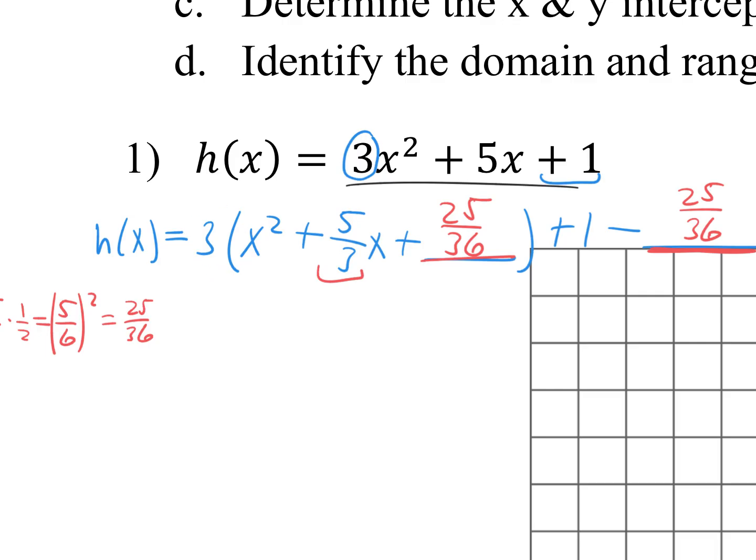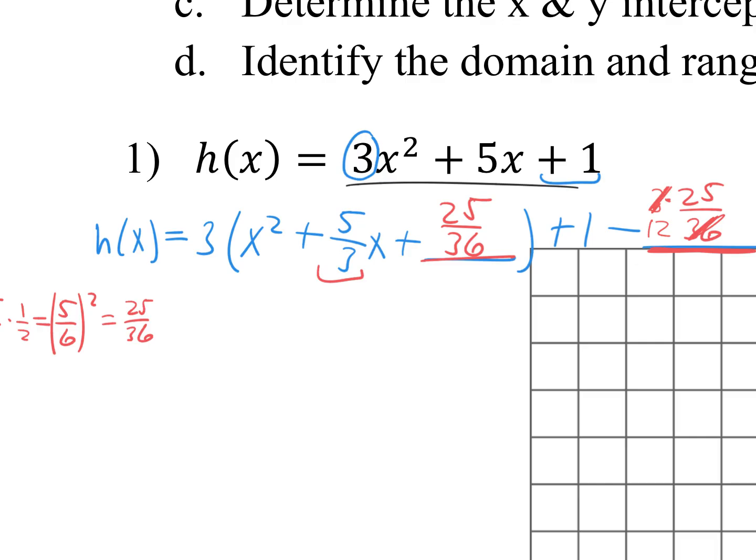So that means whatever goes here, it's not just going to be that number, it's going to be this 3 in front of it as well. I need to multiply by 3 here as well. So 3 times 25 over 36, and then you can simplify that. 3 and 36 is going to make 12, right? So then I get 12 on the bottom. So really this becomes 25 over 12.